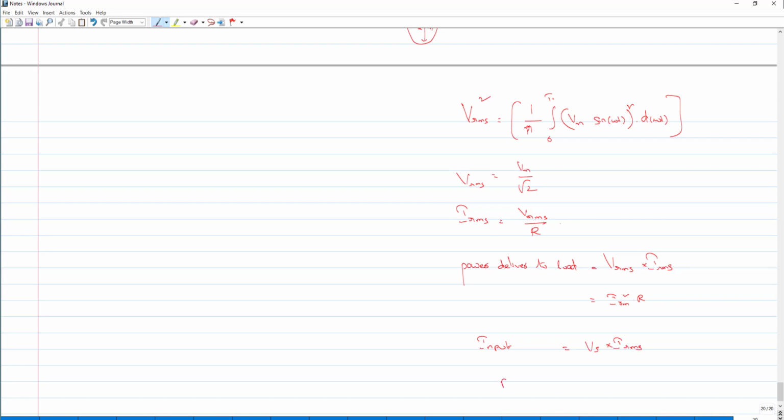Now if you want to find out the power factor, it is the power delivered to load, Vrms into IRMS, divided by the input volt ampere, Vs into IRMS. It is simply a ratio of Vrms to Vs. Approximately, Vs is equal to Vrms, so this will become unity power factor. So that is the beauty of this, the complete derivation of this analysis.